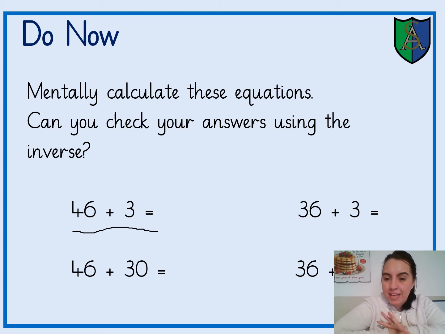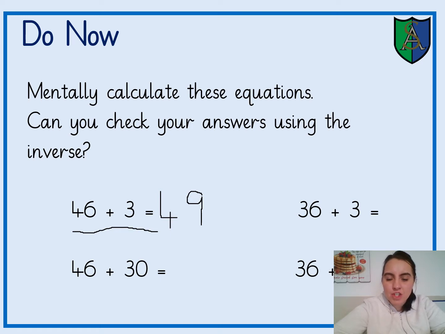So without doing anything, I just know that 6 add 3 more is 9, okay? So the answer would be 49, okay? Because I don't need to do anything to my tens there, do I? Because there's no tens that I am adding to, okay? So my answer is 49, okay?